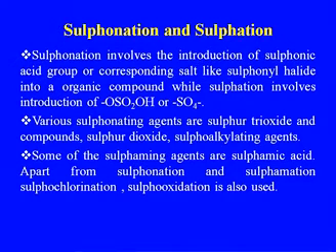Various sulfonating agents are sulfur trioxide and compounds of sulfur trioxide, and sulfo-alkylating agents. Some of the sulfamating agents are sulfamic acid. Apart from sulfonation and sulfamation, sulfochlorination and sulfo-oxidation are also being used.